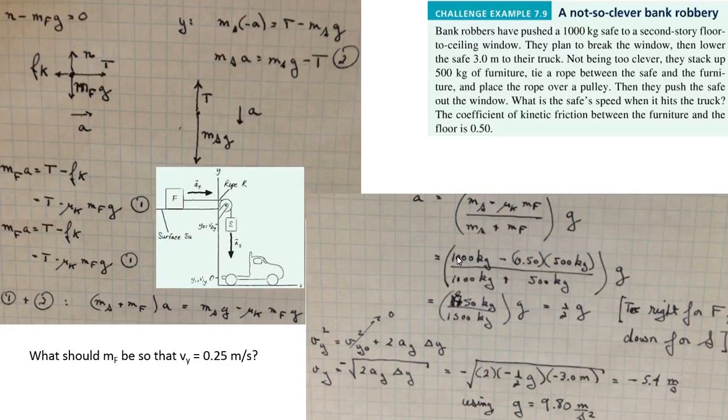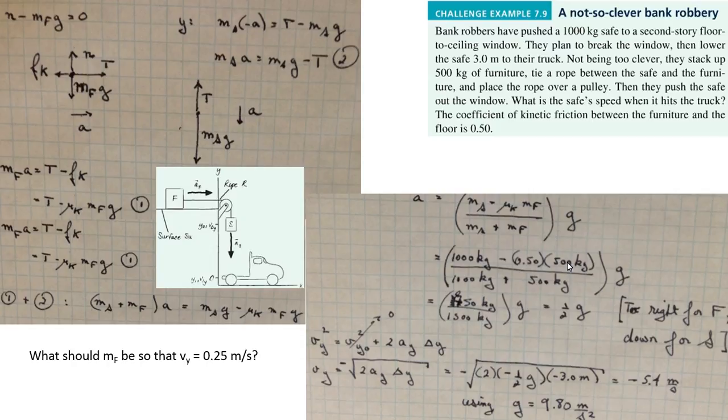And so if we plug the values in, the furniture is 1,000 kilograms and the safe is 500. 500, I'm sorry, I got it backwards. The safe is 1,000 kilograms and the furniture is 500 kilograms.